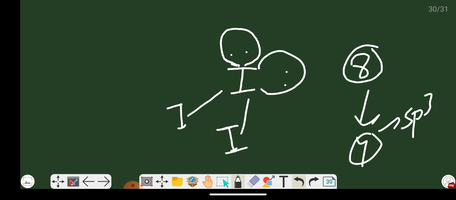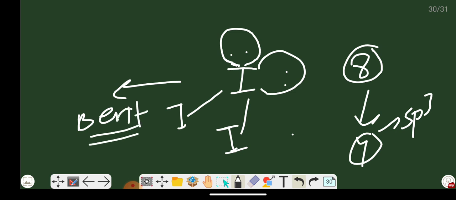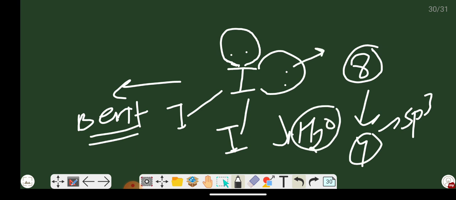So what comes? The shape of the molecule is bent, and it is like H2O, because H2O also has two lone pairs and two bond pairs. In this way the geometry of the molecule changes with the presence of lone pairs.